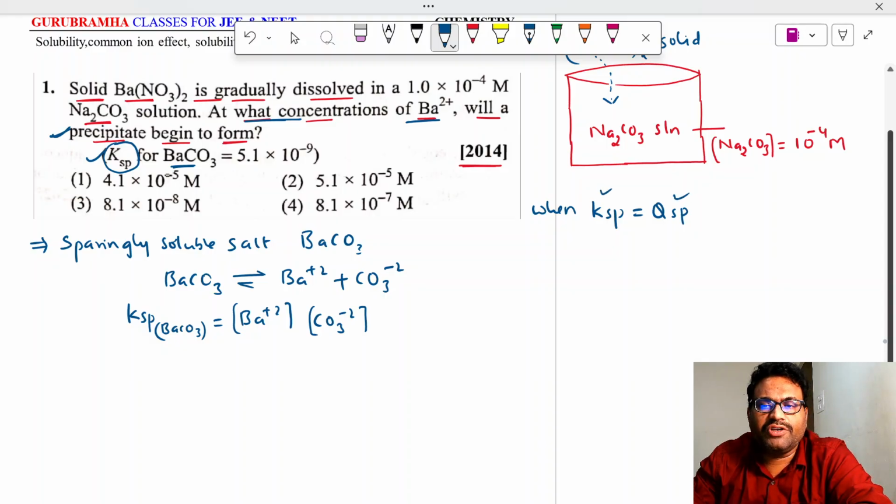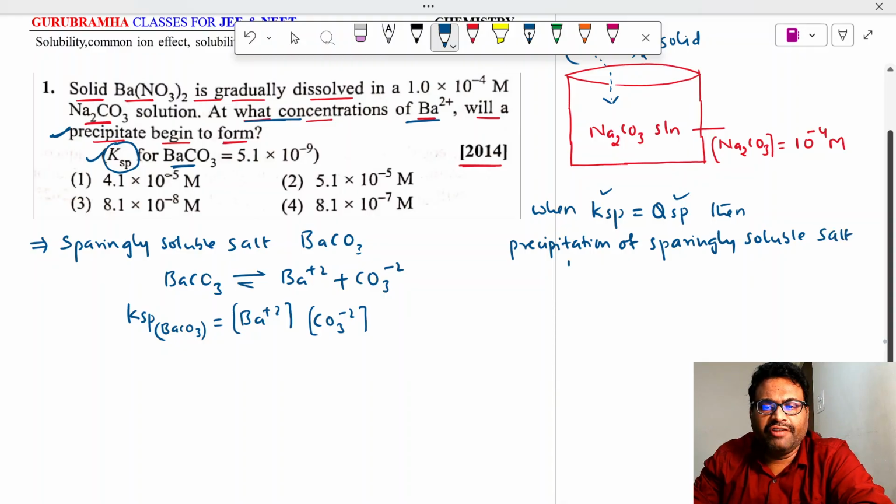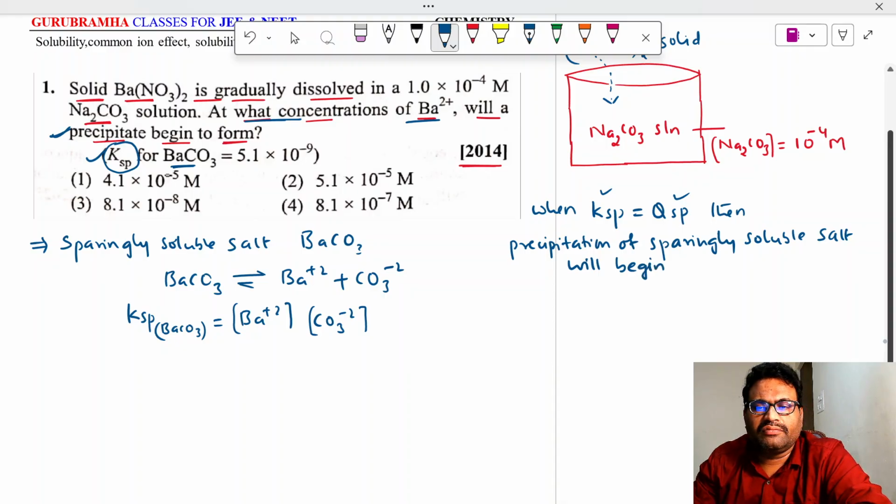KSP is the solubility product, whereas QSP is the ionic product. So now you have to check this condition, KSP is equal to QSP.